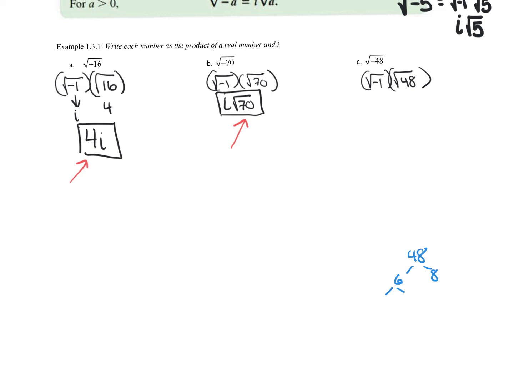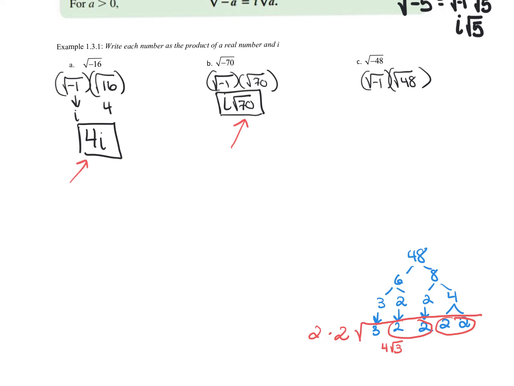Well, 6 breaks down into 3 times 2, and 8 breaks down into 2 times 4. 3 is prime, 2 is prime, 2 is prime, but 4 becomes 2 and 2, which are then prime. And we're going to take the square root, which means you have to make a pair for one to come out. So here's a pair, so 1, 2 gets to pop out. Here's another pair, so another 2 gets to pop out. And 2 times 2 is 4, so I get 4 root 3.